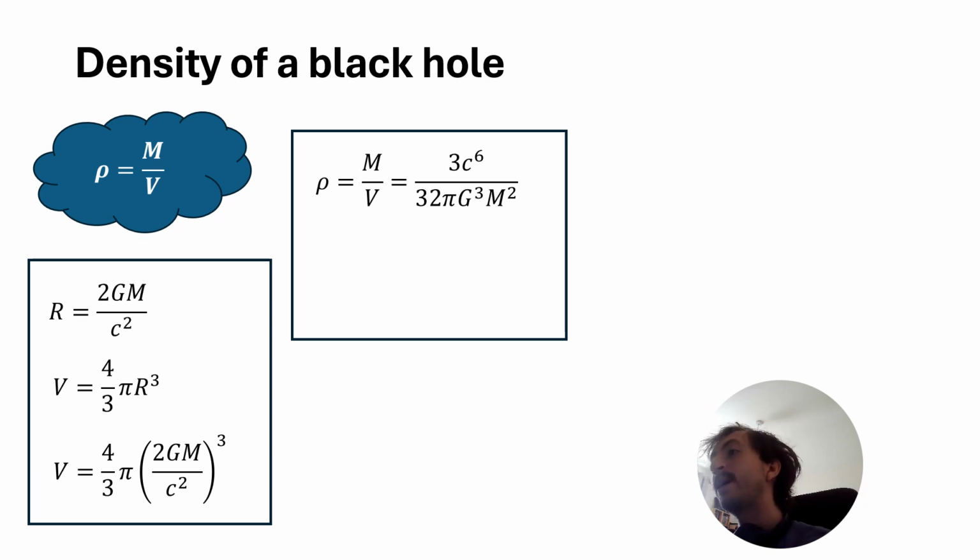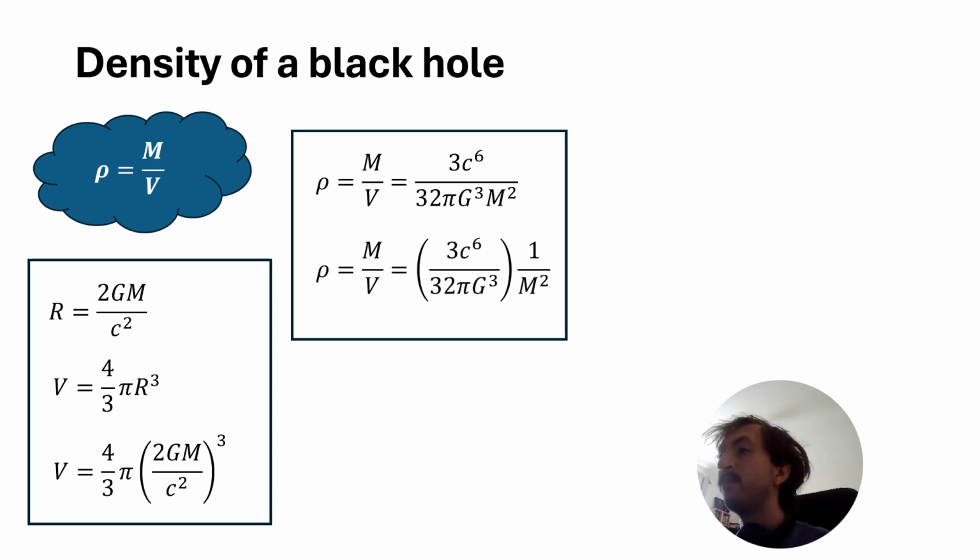And if we want to get the density, we have to do mass over volume. And when you do mass over volume, you end up with this equation. But we can write it a little neater by collecting all the constants into a single term. And we have this bottom equation for the density of a black hole.